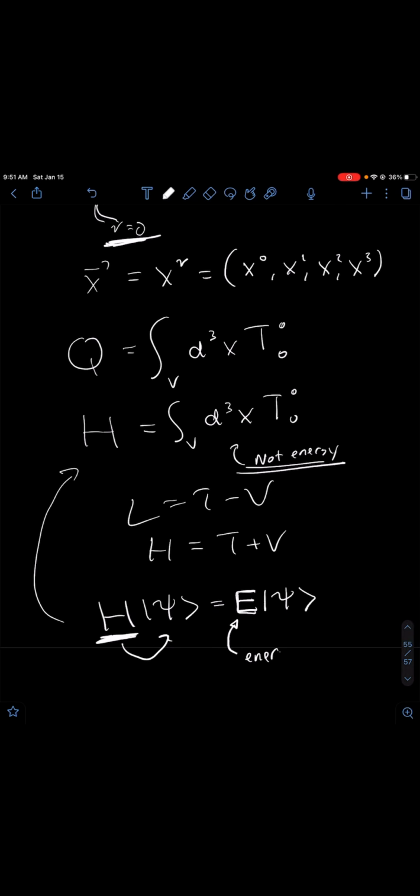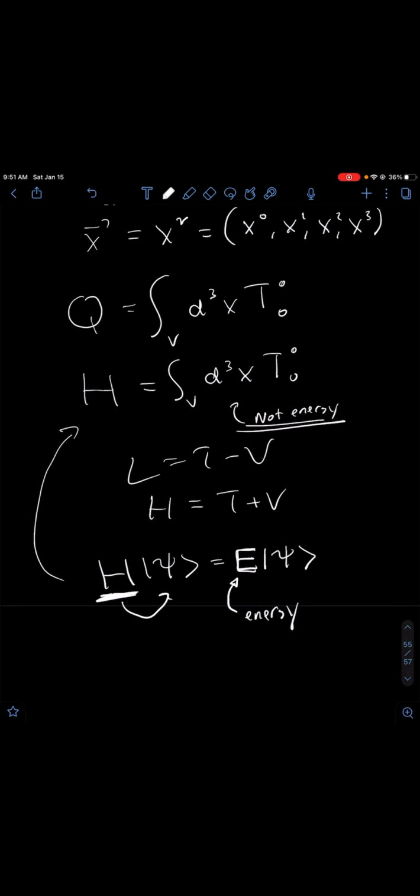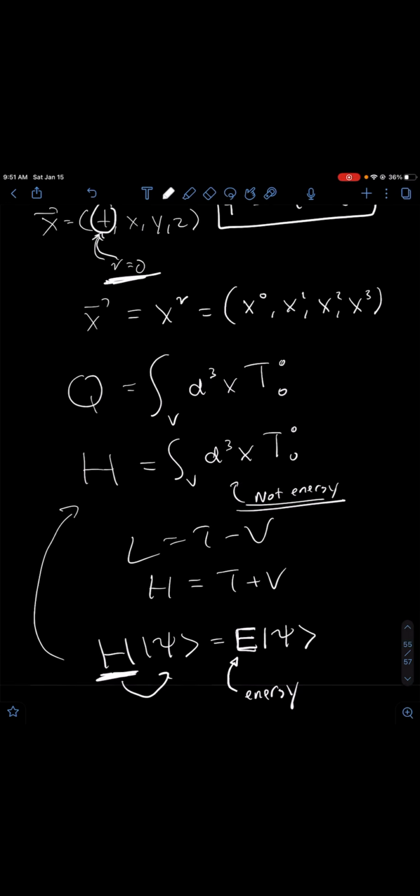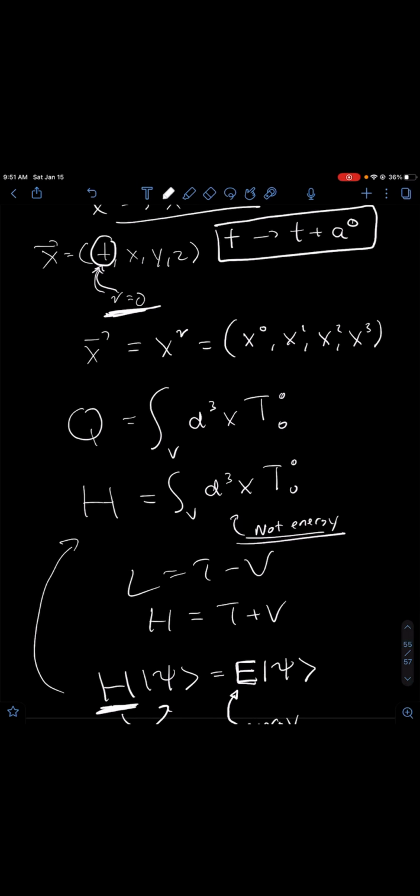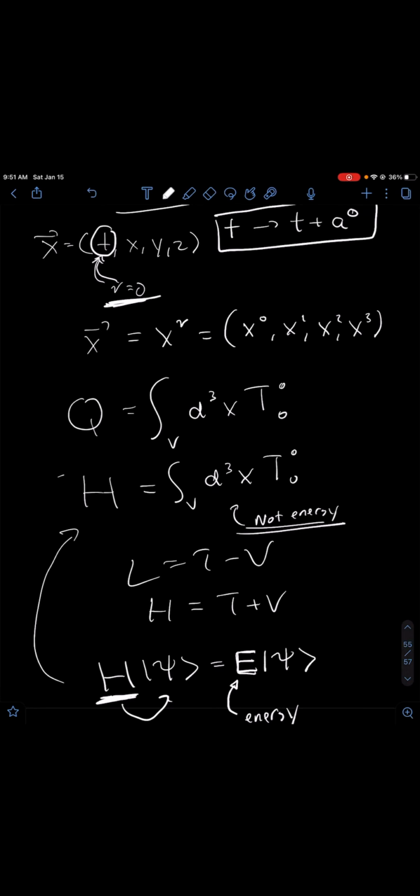So this is where the energy plays in. We can say that the energy is the eigenvalue of the quantity that is conserved under a time translational symmetry of the Lagrangian. But the actual conserved quantity is the Hamiltonian, which will not be the energy in our case of quantum field theory. So that's the conserved quantity in time.